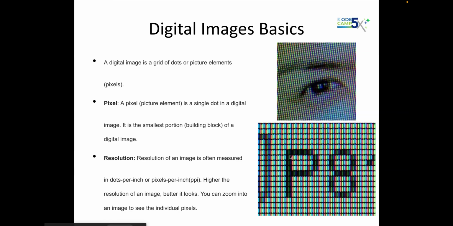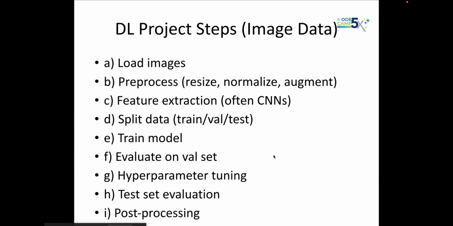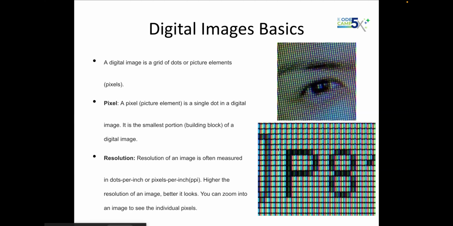A pixel is a single dot in a digital image and the smallest block of the digital image. If you look at this image right here, you'll see that there is red, there's green, and there's blue. As we combine these things together, that's what forms an image.